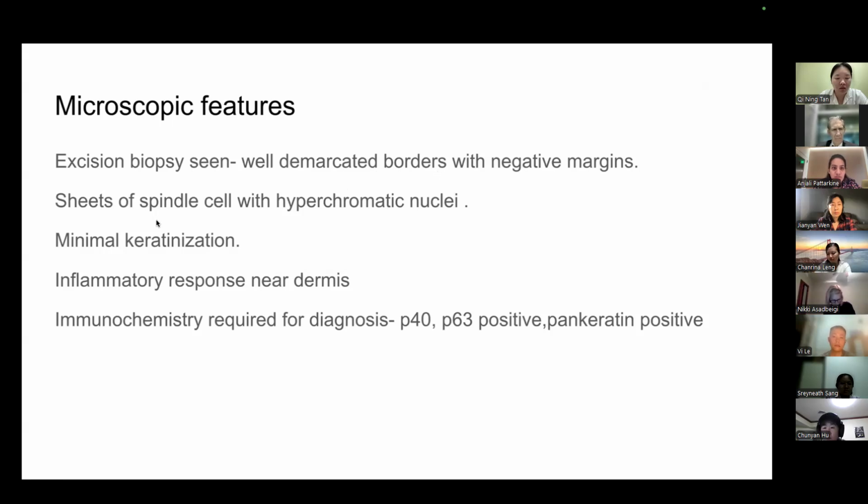There were sheets of spindle cells with hyperchromatic nuclei and minimal keratinization. It's not as pink as it should be in squamous cell carcinoma. An inflammatory response near the dermis is present, and immunohistochemistry is required for diagnosis. It is P40 and P63 positive.